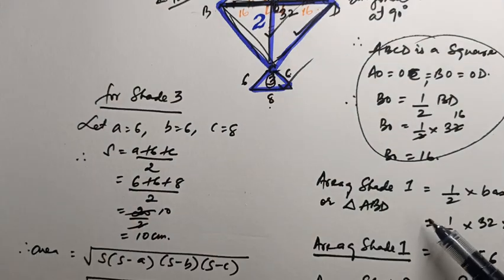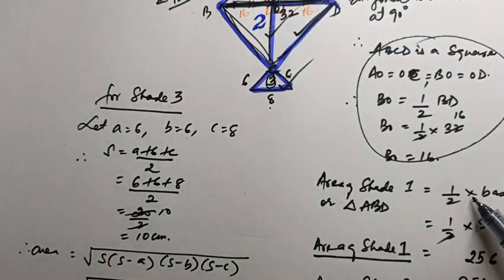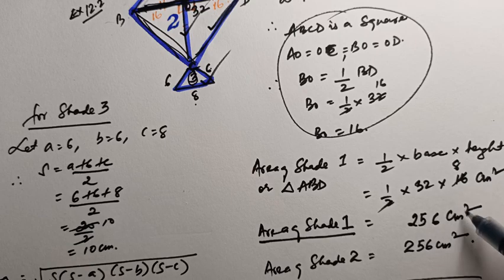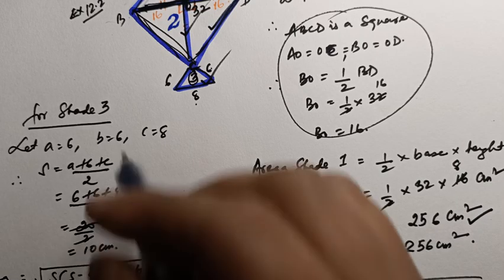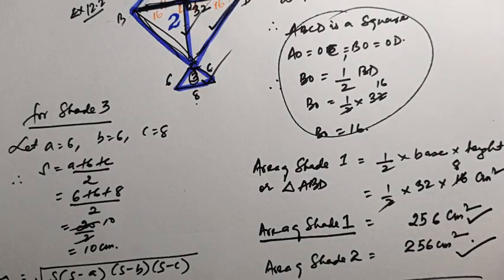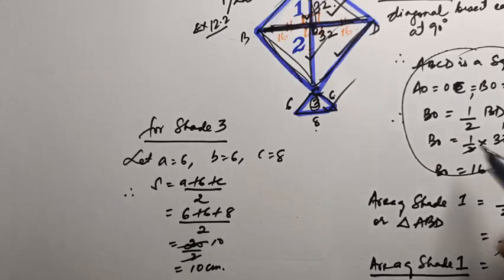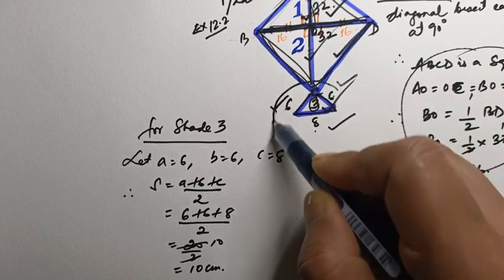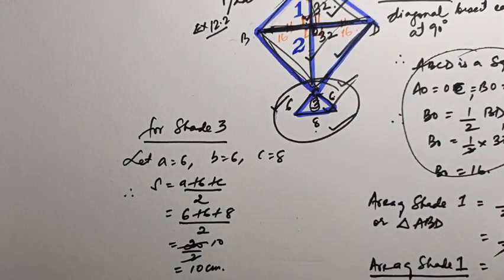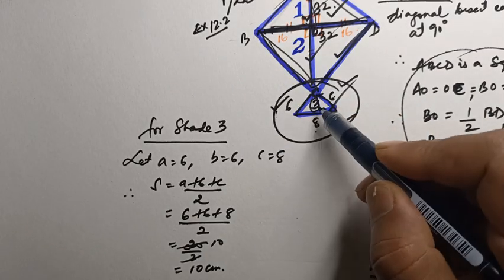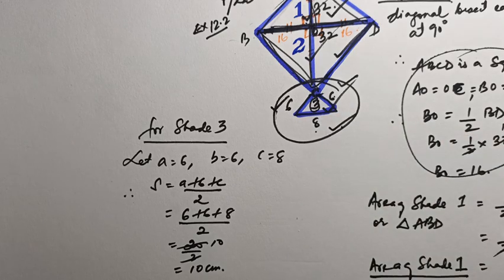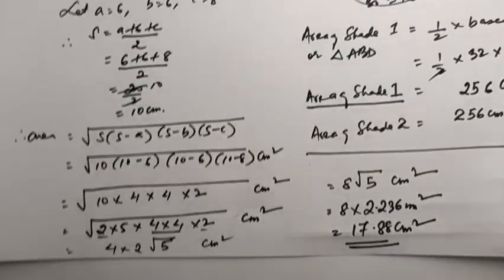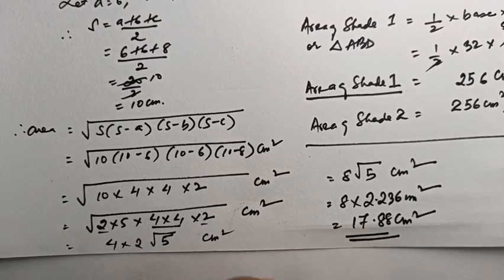So area of the triangle, that is shade 1, half into base into height, we are getting 256. Similarly, shade 2 also 256. The lower portion is an isosceles triangle with sides 6, 6 and 8. Therefore here I can use Heron's formula, and the area of shade 3 comes to 17.88. Thank you.